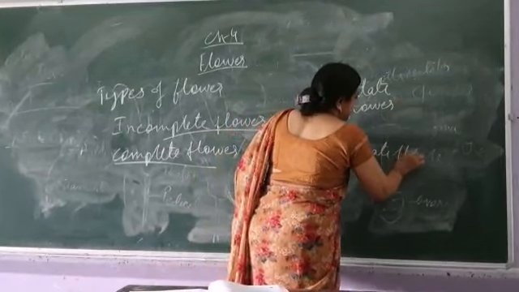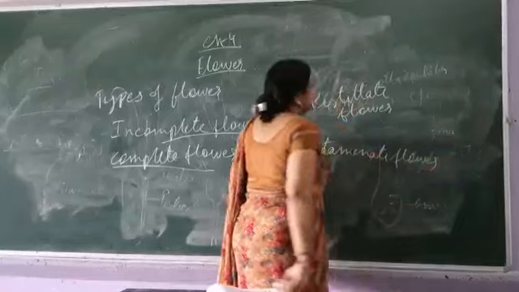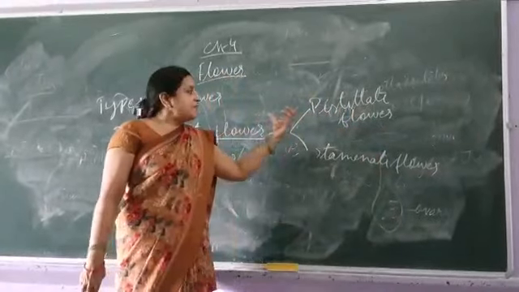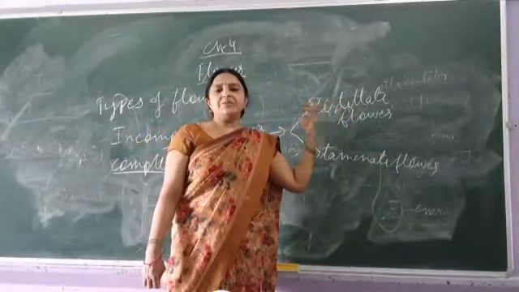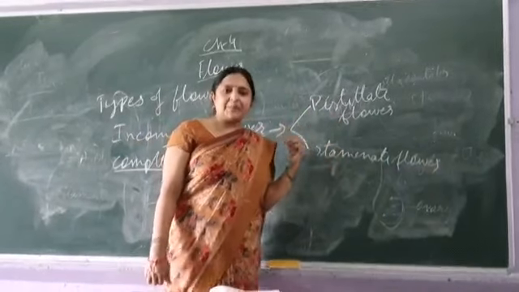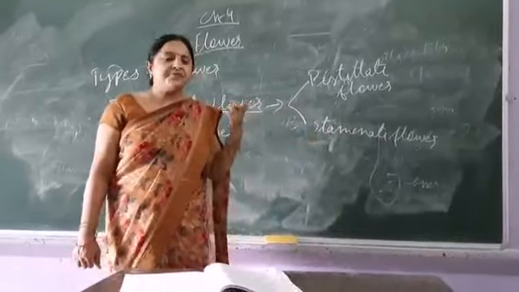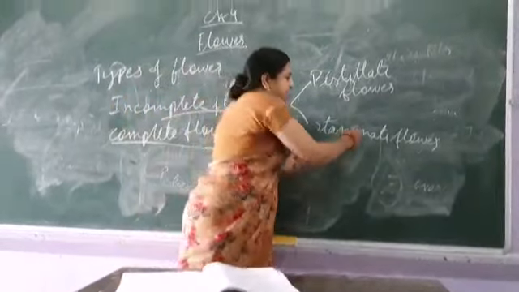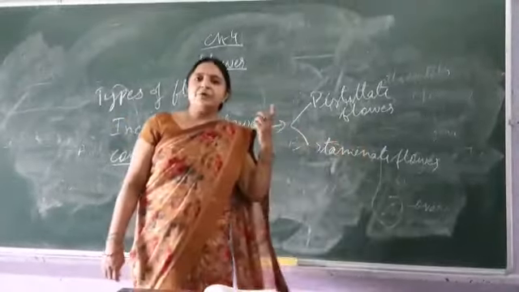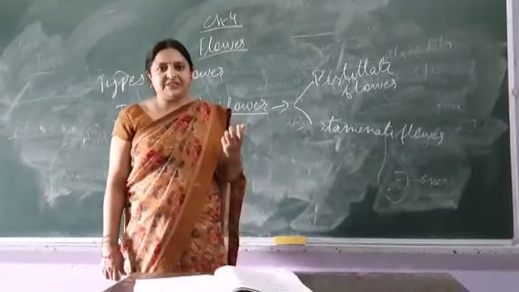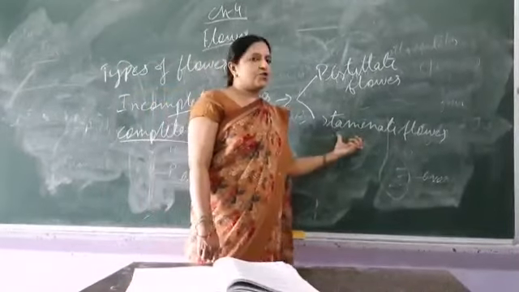A pistillate flower means a flower in which only gynoecium is present and androecium is absent. That type of flower is called a pistillate flower or female flower. And a staminate flower means a flower in which only androecium is present and gynoecium is absent. That type of flower is called a male flower.